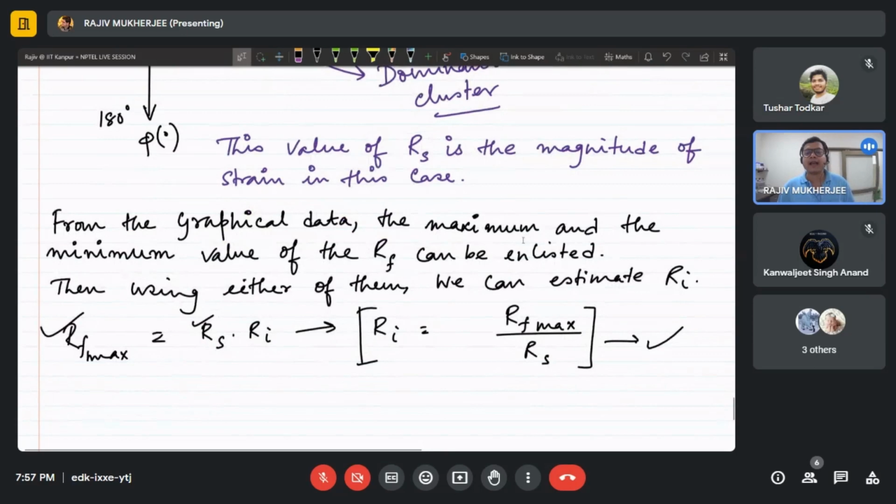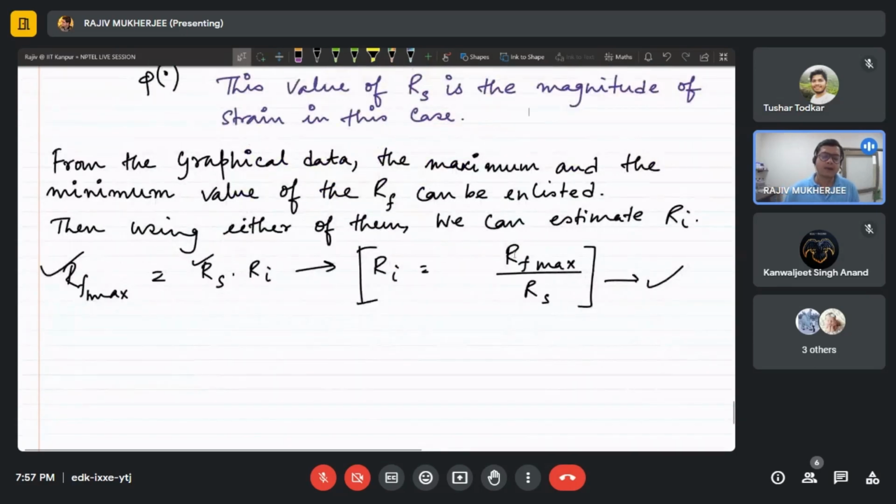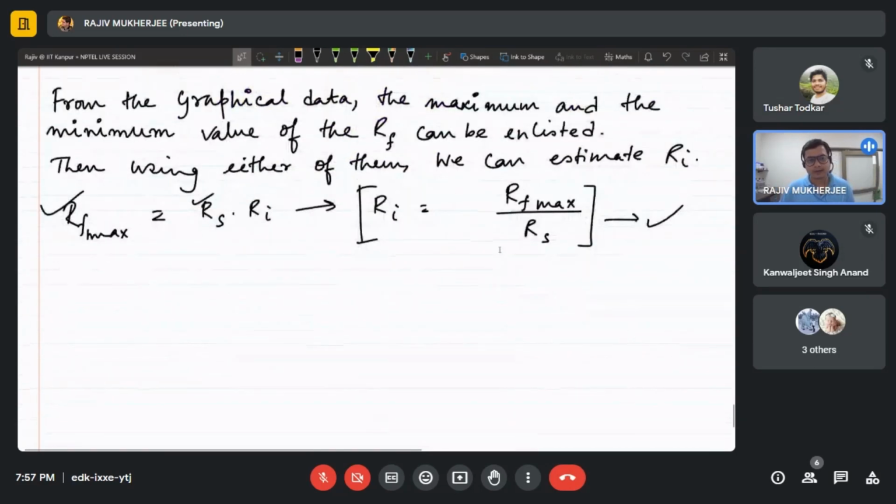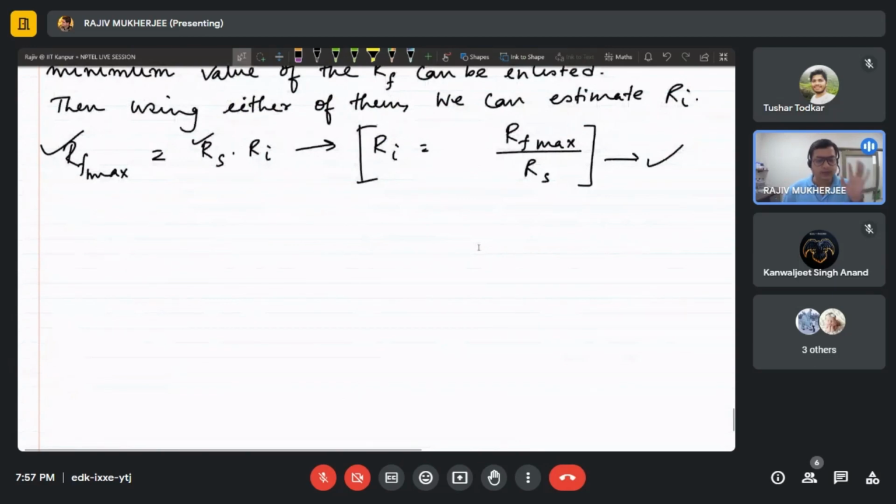So now just quickly brief upon the three-dimensional strain analysis, and this part has been elaborately discussed in the lectures itself. So I will just touch upon this: why do we need three-dimensional analysis?